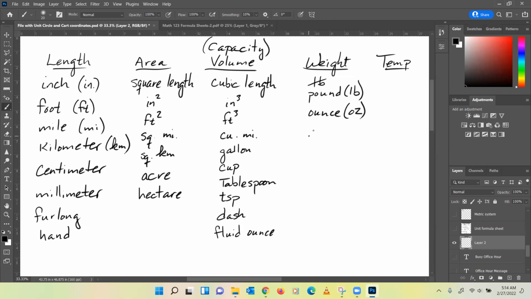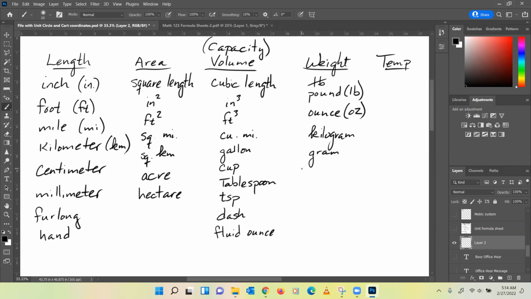Some other weights, they'll often say kilogram, which I have a personal beef with since that's actually a mass, not a weight. But gram, all of those the book is counting as a weight, so you should include that here.